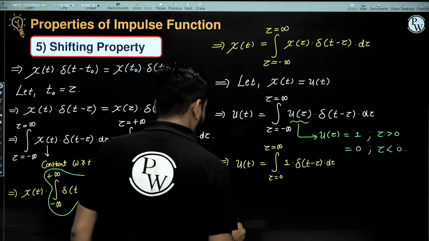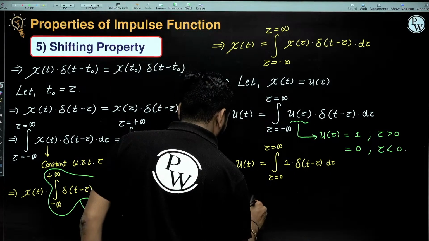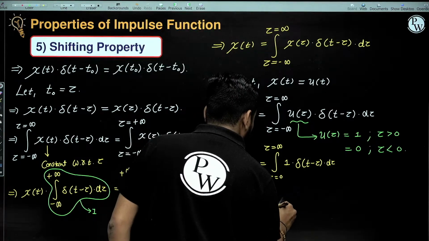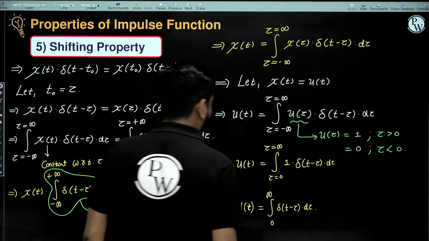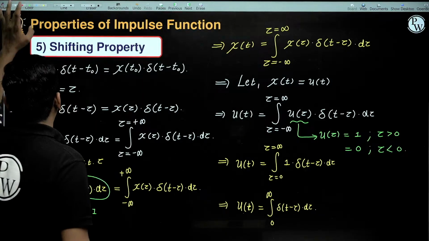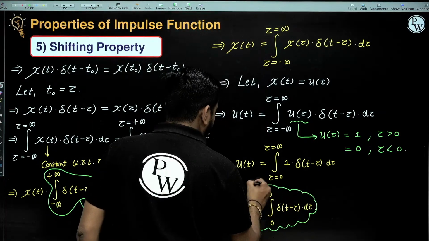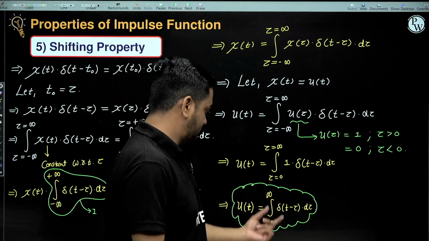This is a very important result we got: the step function is the integration of the impulse function. This is the first form.